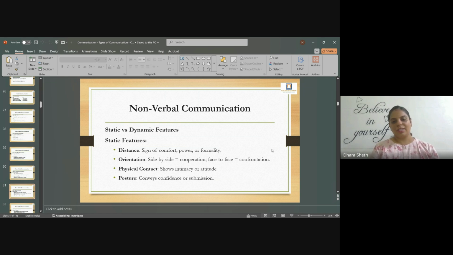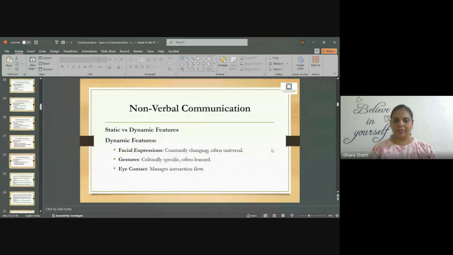Physical contact shows intimacy or attitude, like when you are congratulating someone, encouraging someone, or giving empathy to someone who's not feeling okay. Posture conveys confidence or submission, depending on what posture it is.